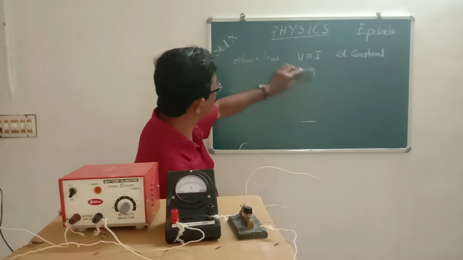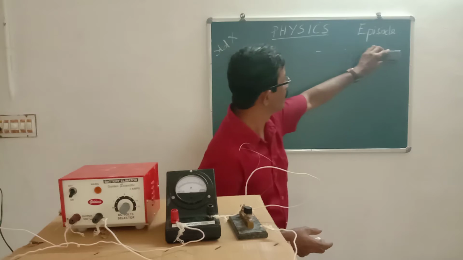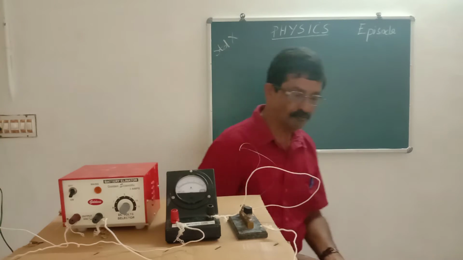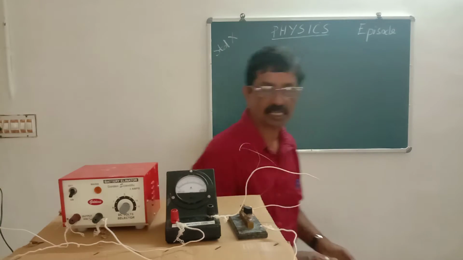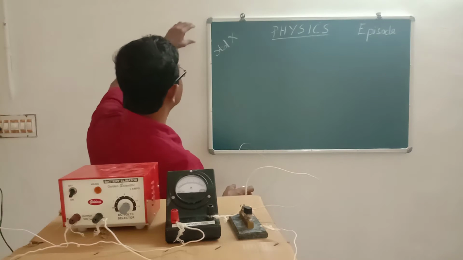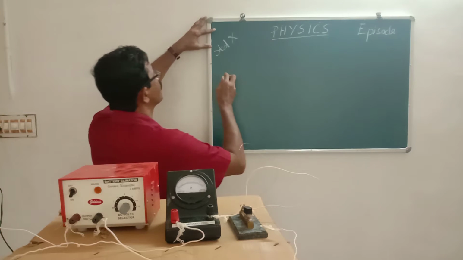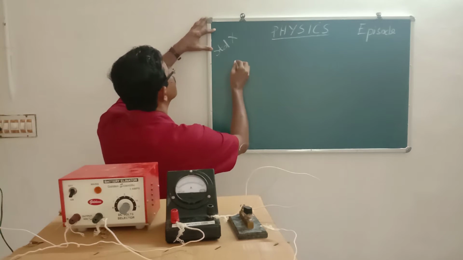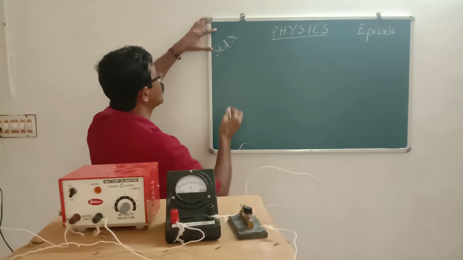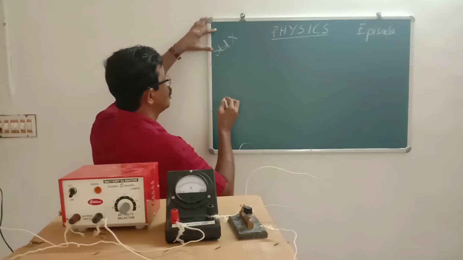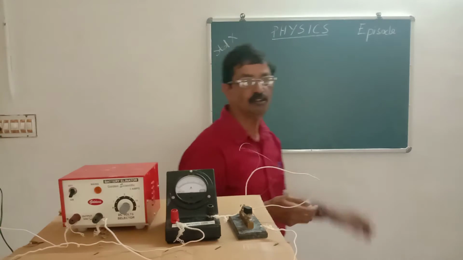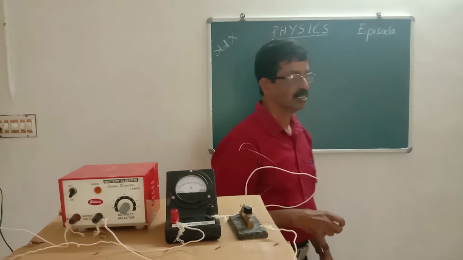Now we are going to discuss the factors on which the resistance of a conductor depends. Which are the factors that the resistance of a conductor depends on? For that, we can do an activity.